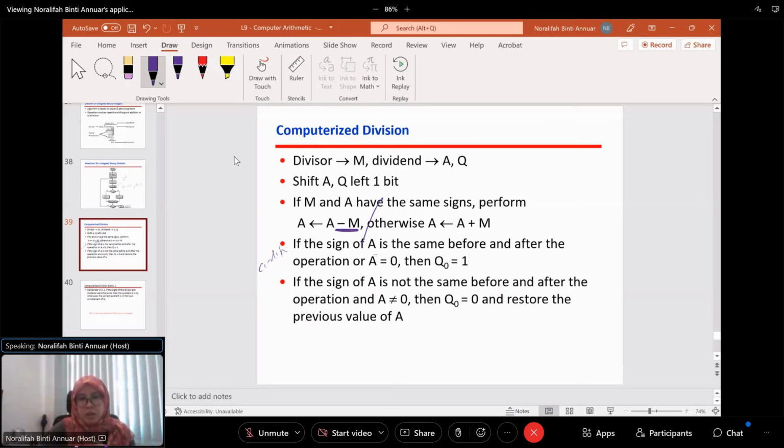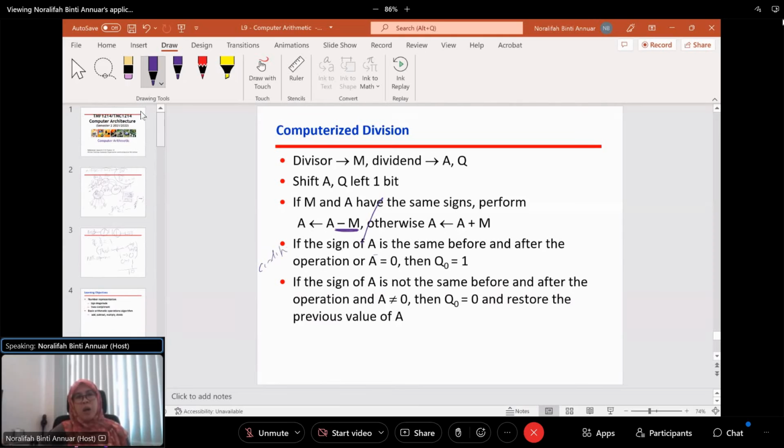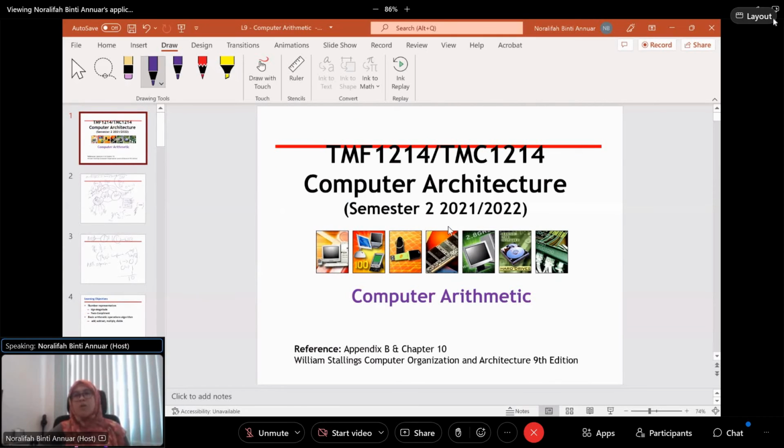Sebab tu dia set all these condition. Boleh faham tak guys? You just must be able to read the algorithm and implement it. Itu saja. So that's computer arithmetic. What our goal from this chapter is for us to understand how our computer do the arithmetic operation.